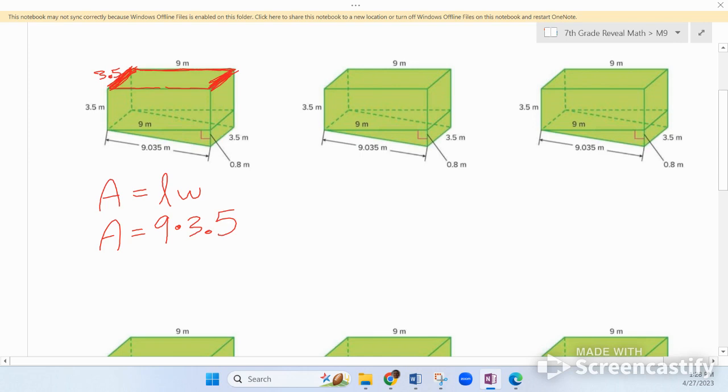Now I need some calculators. Raise your hand once you get it. What do you got? All right, that's 31.5. Now my question is, are there any identical rectangles that I can use that same area for? Yes?